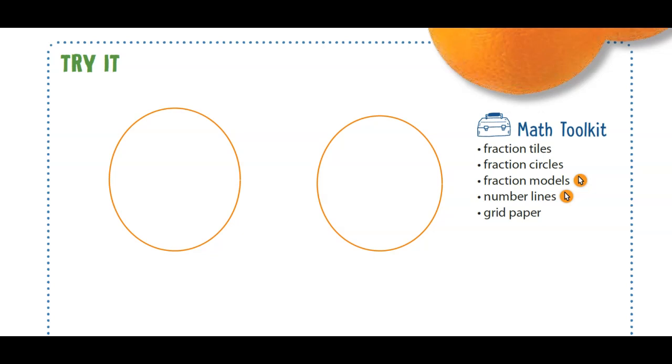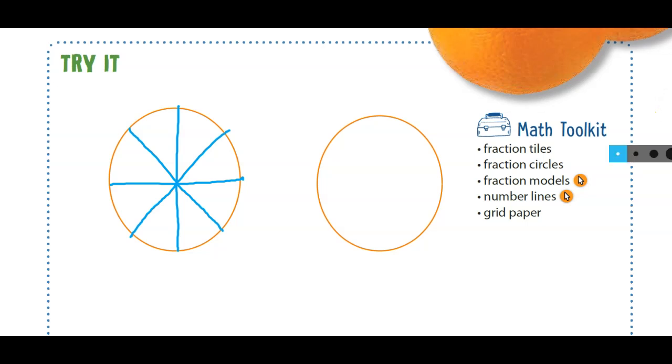Okay. And Carl ate how much of his orange? 2/8. So this is a fourth, and then I'm going to go diagonally like this to make 8s. Okay? And he ate how much? Carl. How much did Carl eat?